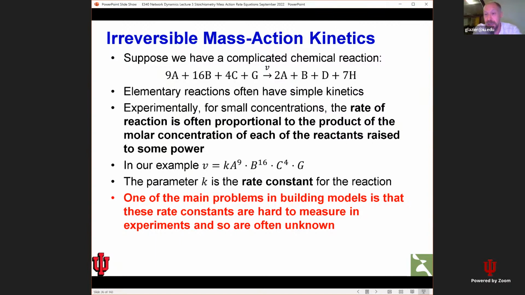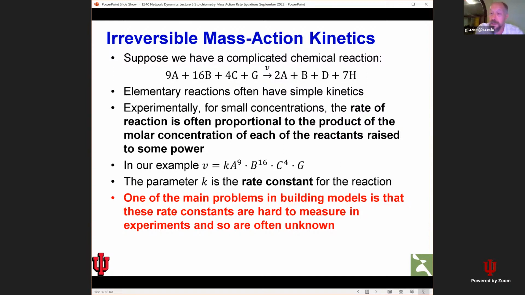And estimating those Ks is the bane of the existence of anybody doing modeling. Because while you may very well find the pathways that you're looking for, finding those rate constants is usually not easy. And often experimental measurements will differ by factors of 10 or 100 because the measurements were made under different situations and people didn't bother to tell you what they were.